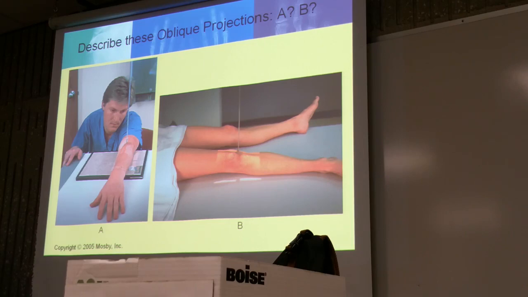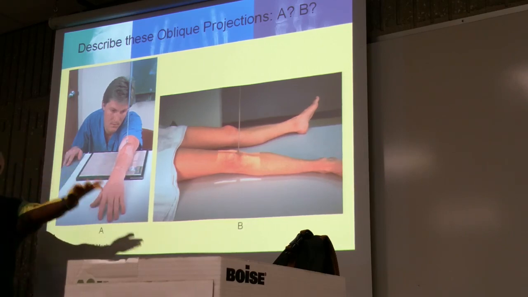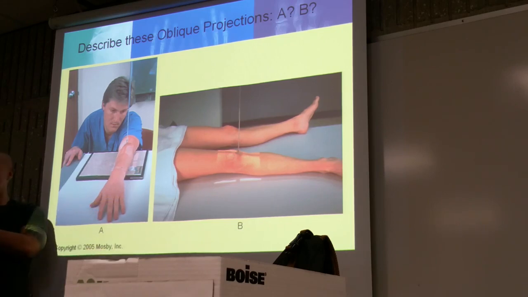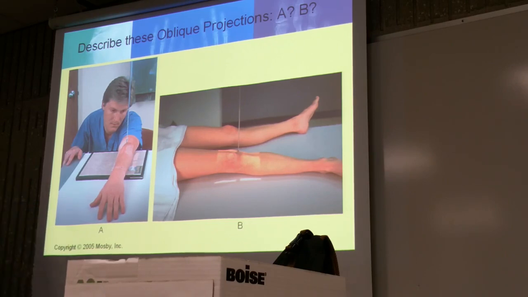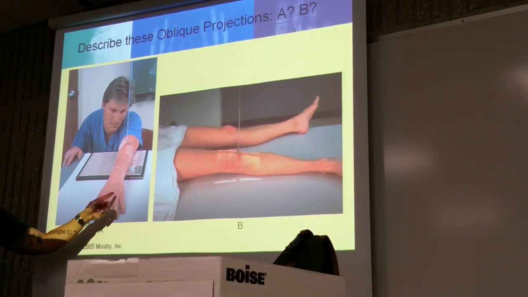So for the elbow, we're not talking about the hand, we're talking about the elbow. Starting in a true anatomical position, we are turning the palm down, which is going towards the middle or internal section. So this becomes a medial or internal oblique of the elbow.